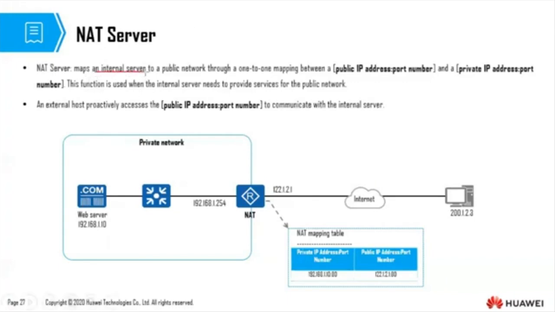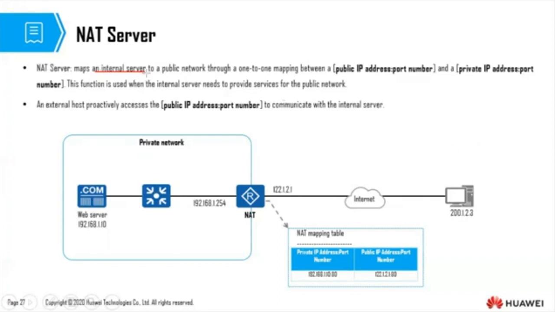So for your servers, for example, your web server, you want your web server to be able to be accessed from the internet so that people that are outside your network can access your website or email through the web.